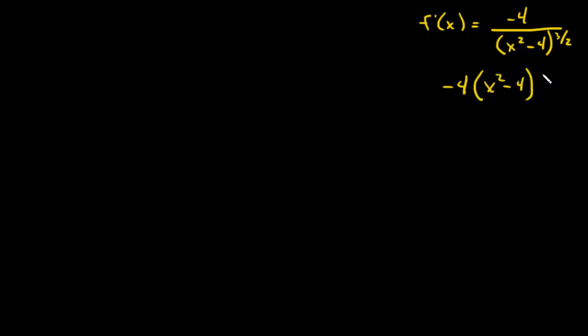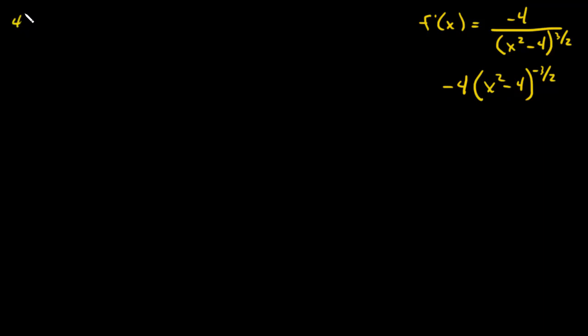So I have f prime of x is equal to negative 4 over x squared minus 4 to the 3/2 power, which I will rewrite as negative 4 times (x squared minus 4) to the negative 3/2 power.